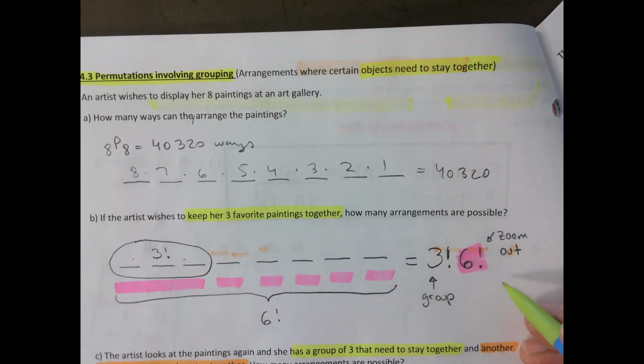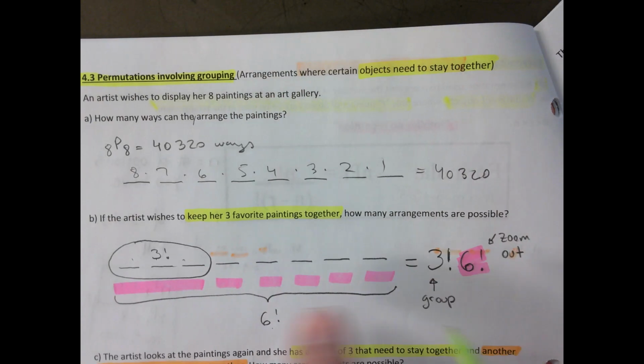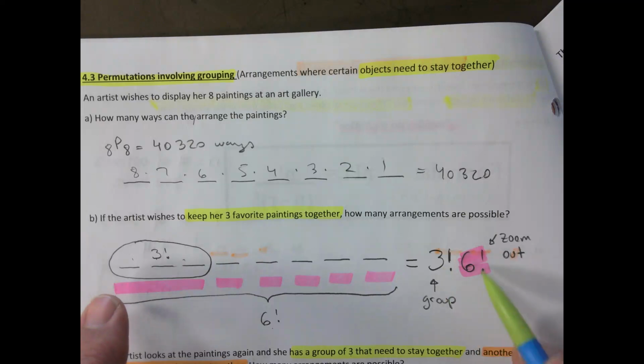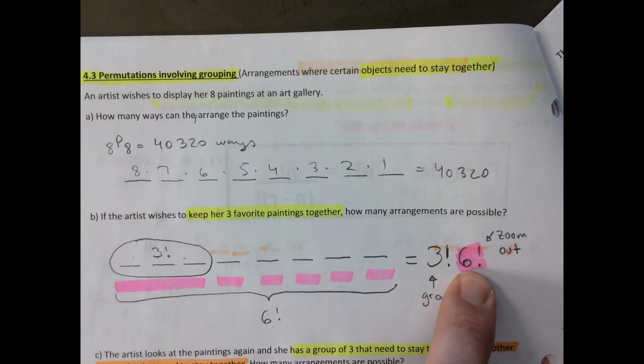I added that. Can we just also get the number here? I wanted to focus just on how to set this up. 3 factorial is 6 and 24. That's 4,000.